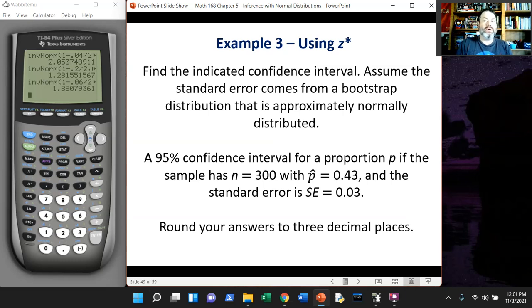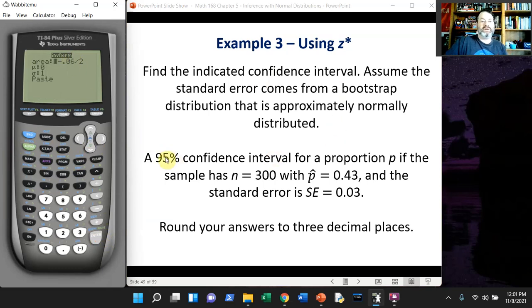So you always find the z star value first. So let's do that. What number am I going to put here? We're doing a 95% confidence interval. We'll just go through it the way that I went through it in example 2. 100% minus 95% is 5%.